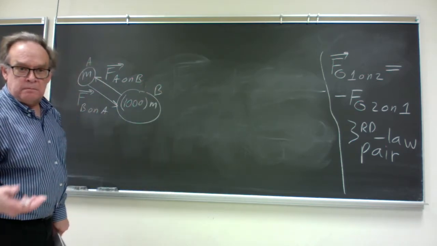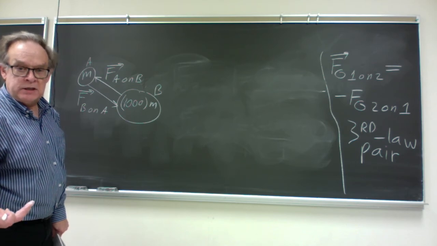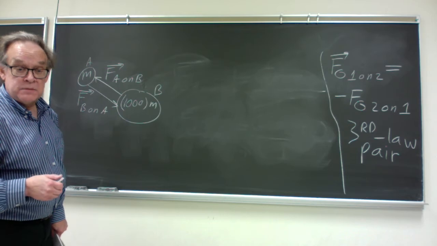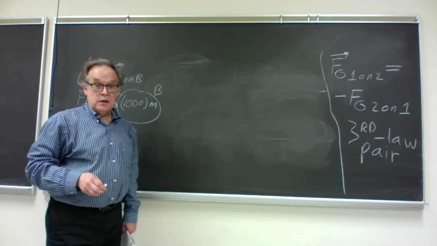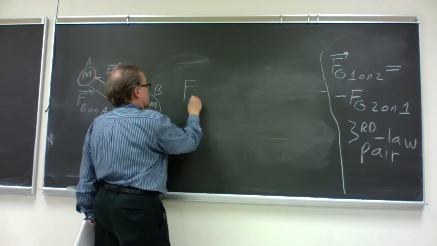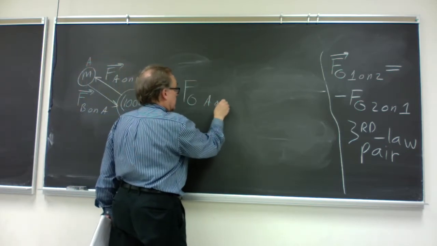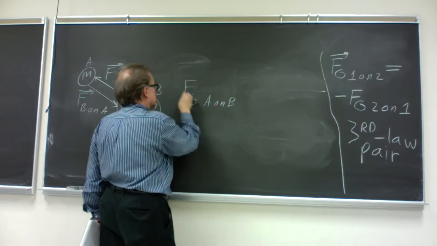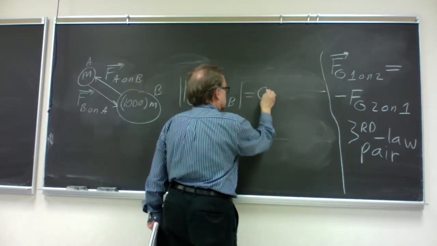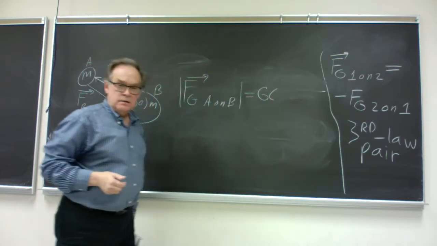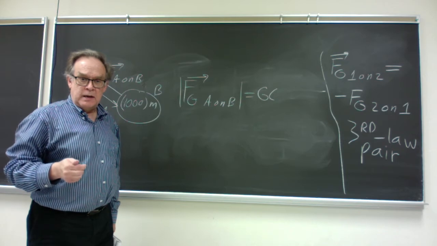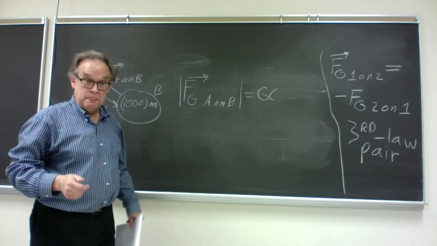Let's just explicitly spell out the rule for magnitude of force in the case of the force from A on B. Gravitational force from A on B is just the gravitational constant, and then the next term is always the mass of the source of the force.